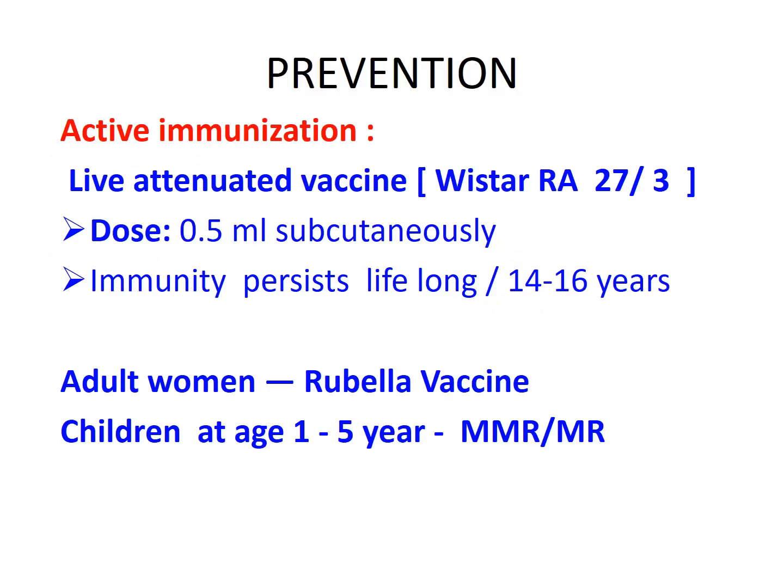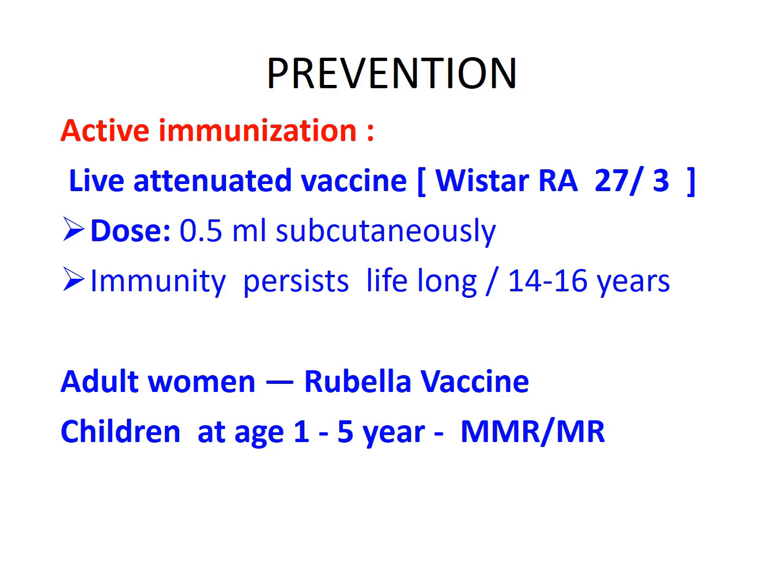And prevention is a very major step that can be taken against rubella. Here you can do active immunization. For immunization, there is a live attenuated vaccine specifically for rubella, known as the Wistar RA273 strain.